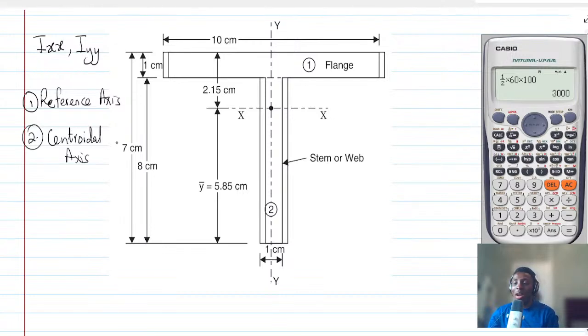The centroidal axis is the axis which is shown on the question, passing through this body, just as you have it here. For instance, you can see that there is a certain x here. So this is what we call the reference x axis. And the y axis which you see here is what we call the reference y axis.